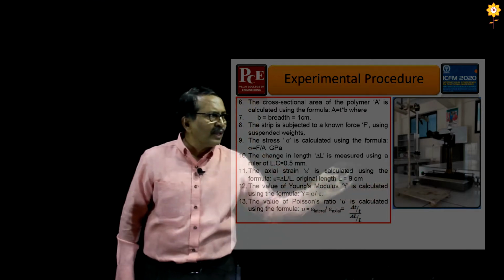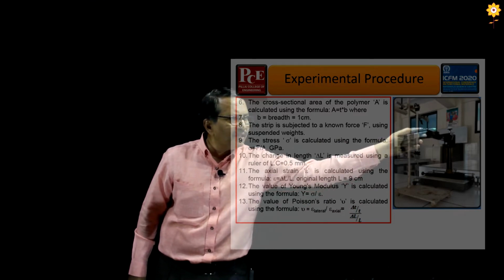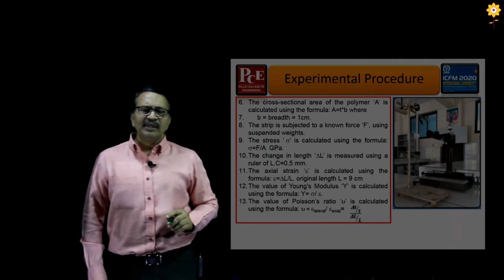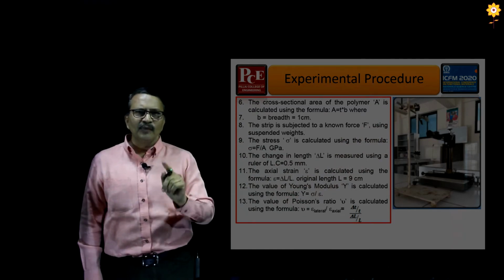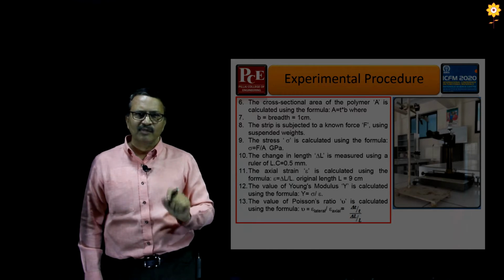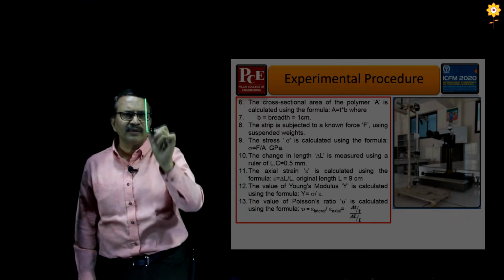The extension of this strip is measured with the help of a microscope. Mind you students, in this case we are measuring the extension in two ways: first the axial, that is the direction in which your load is being suspended, and also lateral.